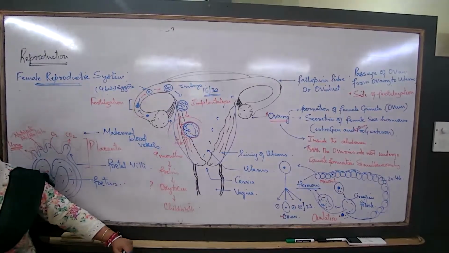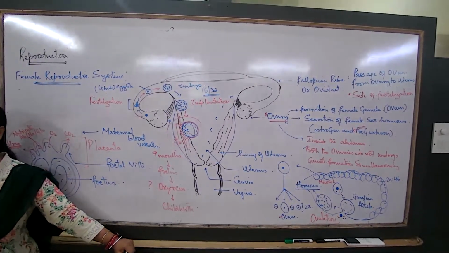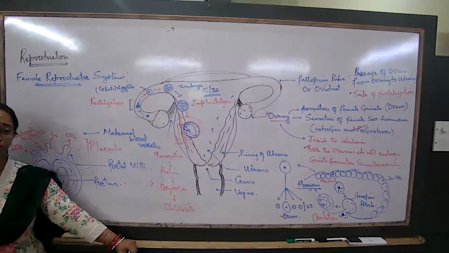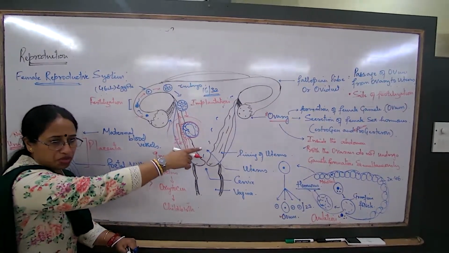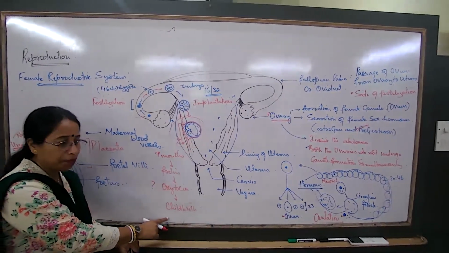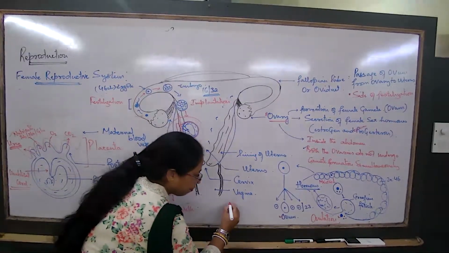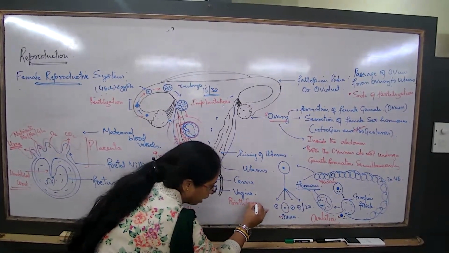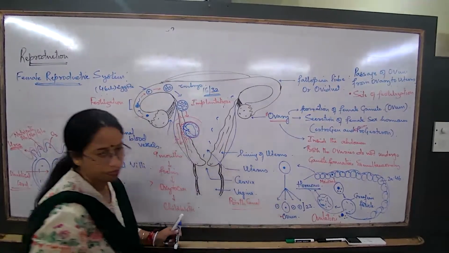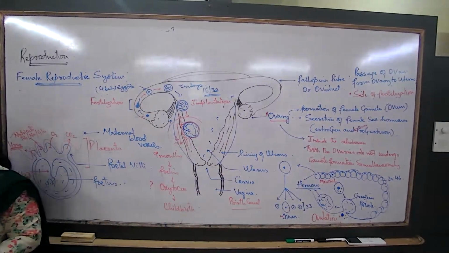Did we study this? Oxytocin, you have to remember this. This hormone oxytocin is released, brings about uterine contraction and childbirth by this vaginal passage. That's the reason the vaginal passage is also known as the birth canal. Why is the vaginal passage known as the birth canal?